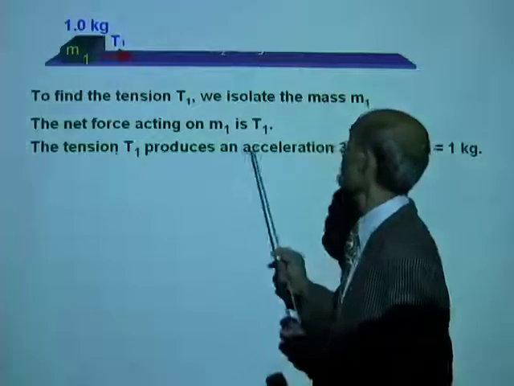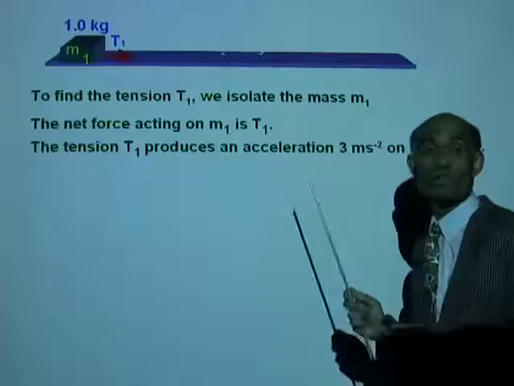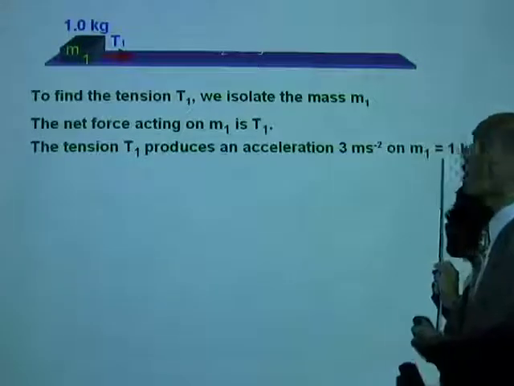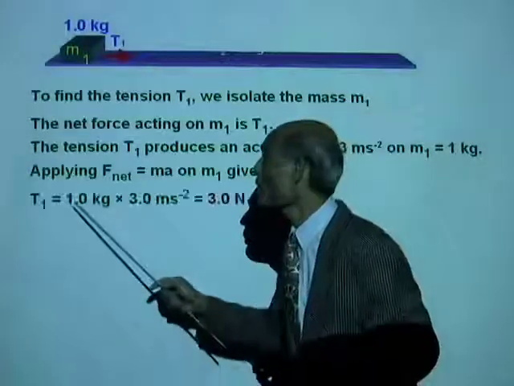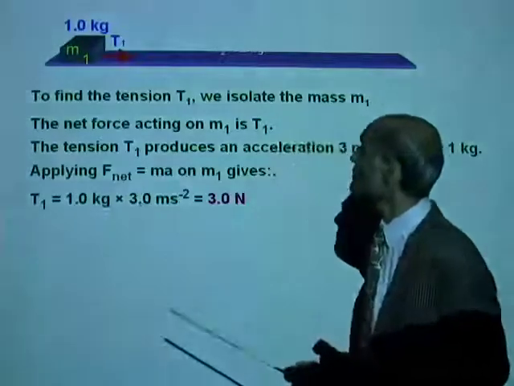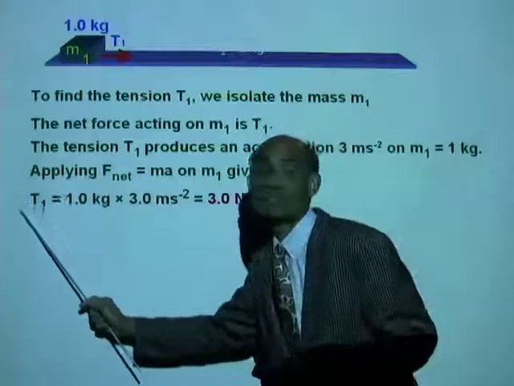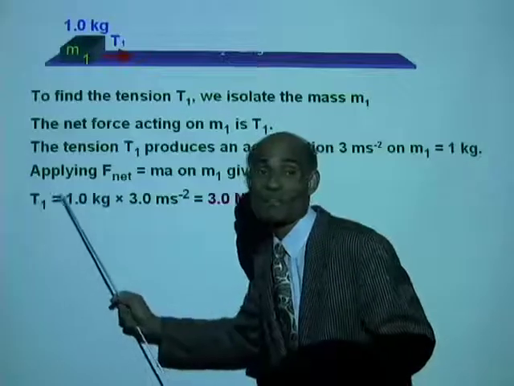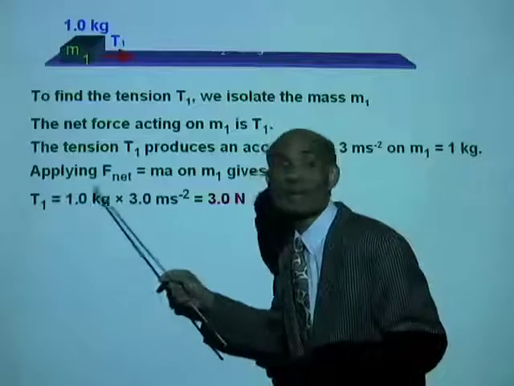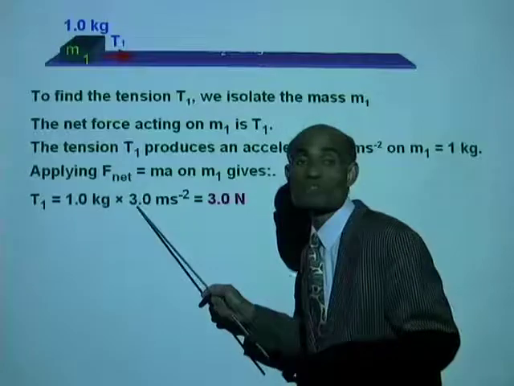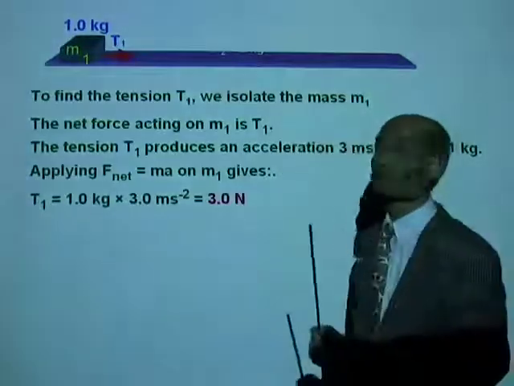The tension T1 produces an acceleration of 3 meter per second squared on this mass of 1 kilogram, and therefore we know that F net equal to ma. T1 is the net force, and that is equal to ma, mass is 1 kilogram, acceleration is 3 meters per second squared, so T1 equal to 3 Newton.